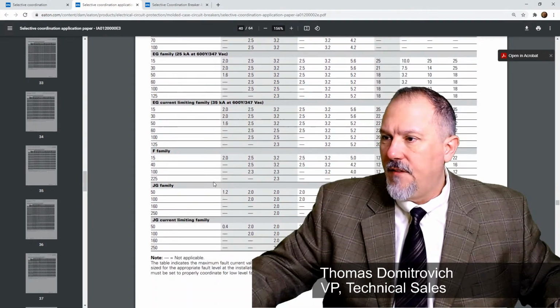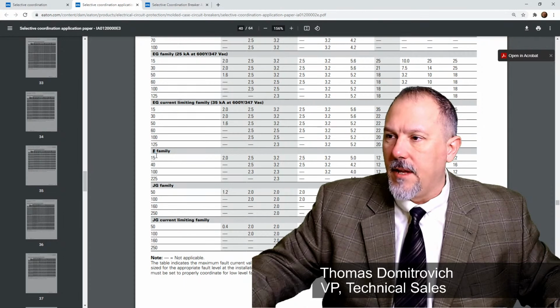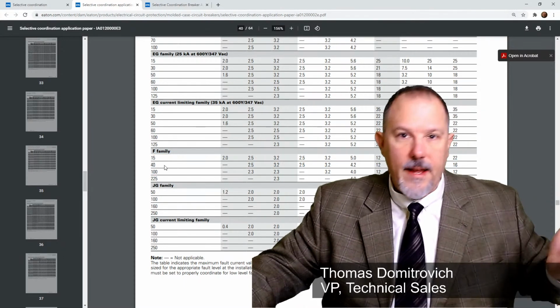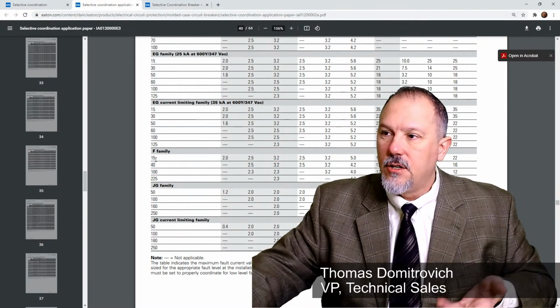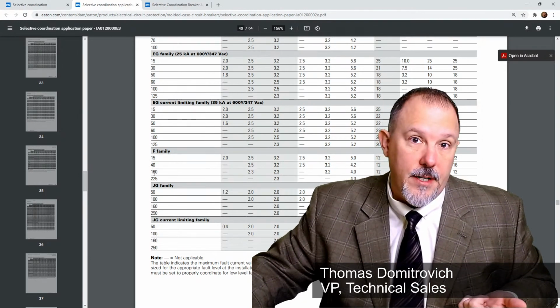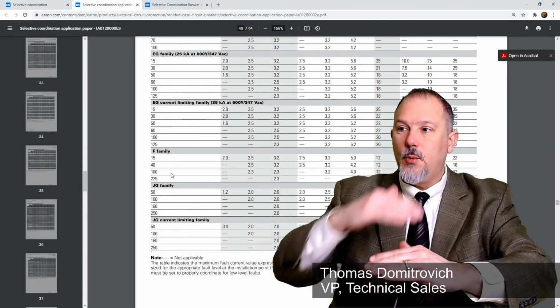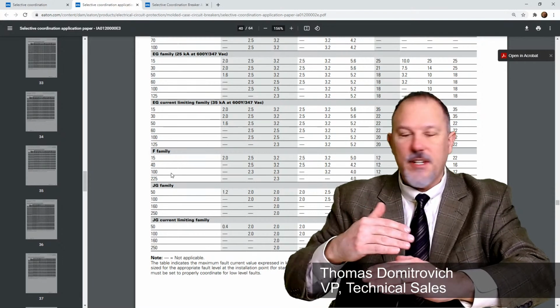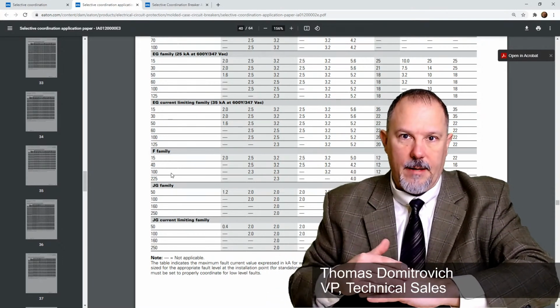Now, if you'll notice, this F family doesn't have a 20 amp circuit breaker in the row. It goes from 15 to 40 to 100. There are breakers in between 40 and 100. There are breakers in between 15 and 40 amps.